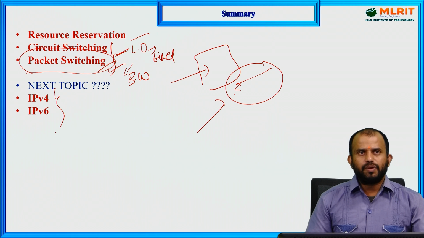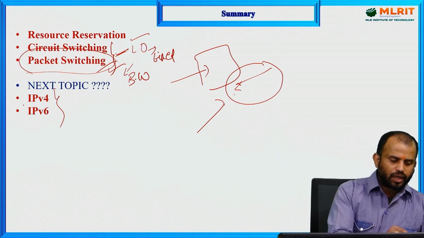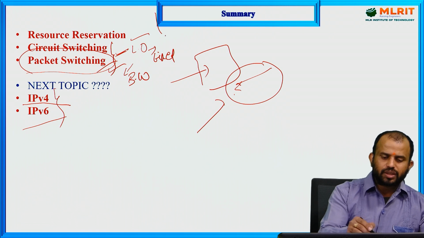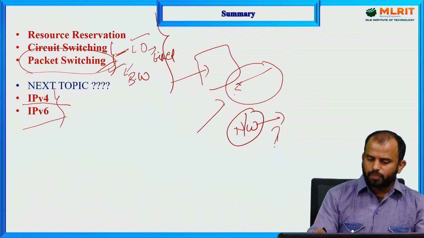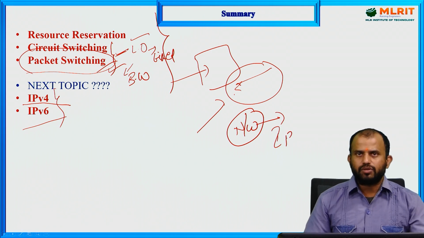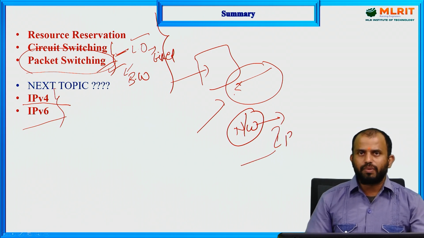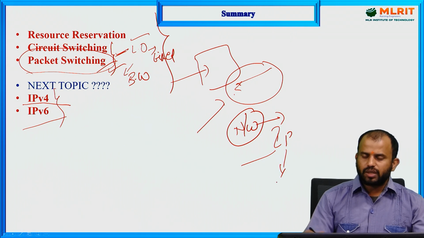So what is IPv4 and what is IPv6? We call them Internet Protocol version 4 and Internet Protocol version 6. All of this depends on the transport layer and the network layer. This is purely based upon the IP address mechanism, which we call the routing algorithm or routing mechanism, the Internet Protocol architecture.